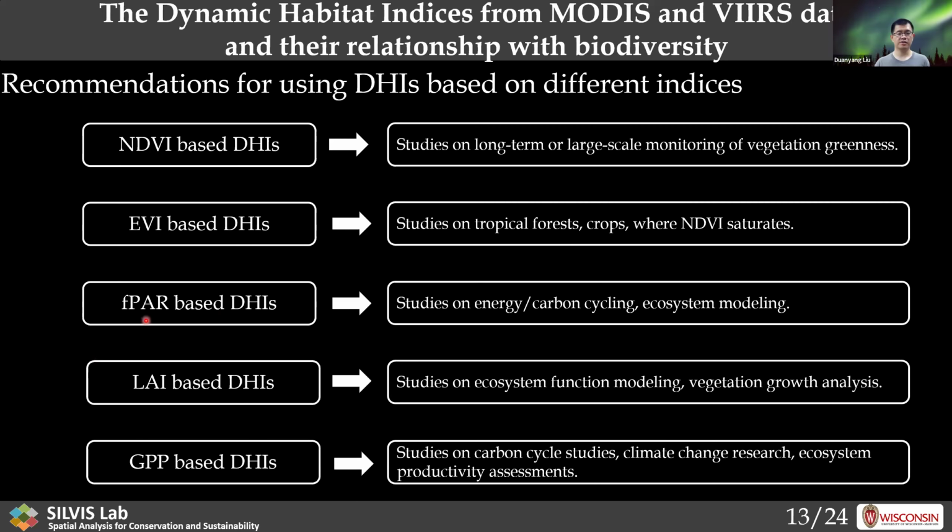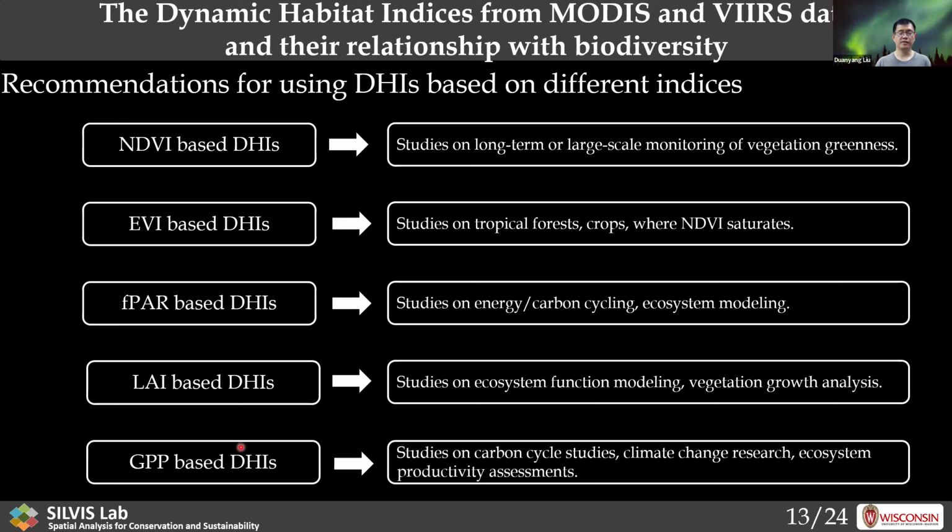The FPAR estimates the fraction of sunlight used for photosynthesis, closely linked to vegetation productivity. And so the FPAR-based DHI would be more efficient to estimate energy and carbon cycling in ecosystem models. The LAI estimates the amount of leaf surface area, and the corresponding DHI is more useful in ecosystem function modeling and vegetation growth analysis.